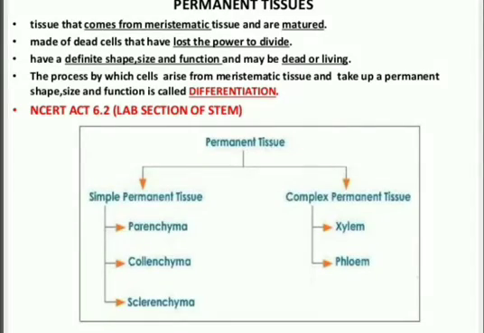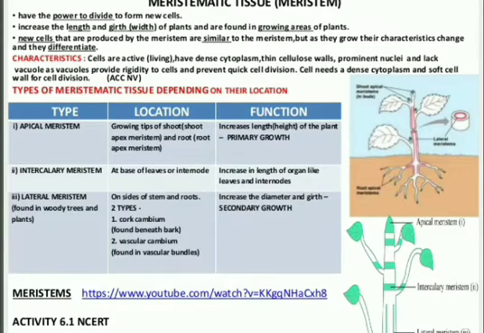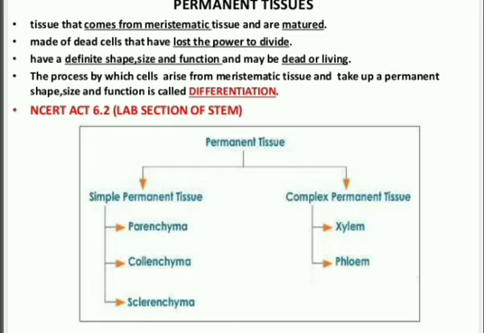Students, in our previous video, we completed meristematic tissue and simple permanent tissue. I have told you that the simple permanent tissues are of three types: parenchyma, collenchyma, and sclerenchyma.